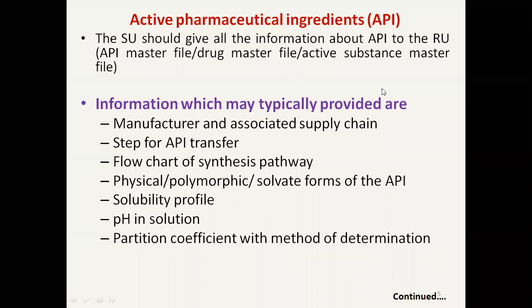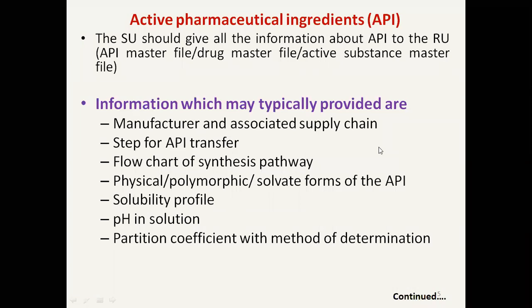So what information should be transferred? Manufacturing and associated supply chain, meaning who the manufacturer is or who supplies such types of APIs or excipients to the company. Then the steps of the API to be transferred, how it gets transferred. Then a flow chart of the synthesis pathway.